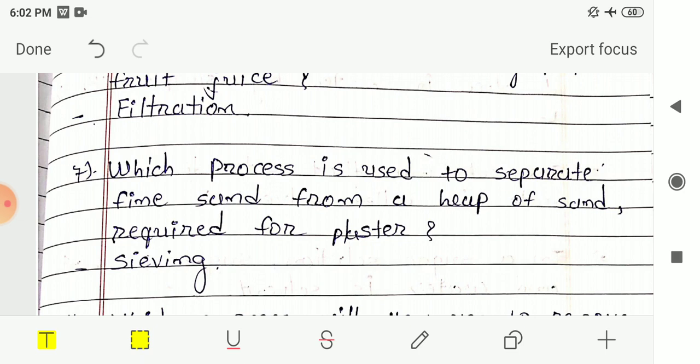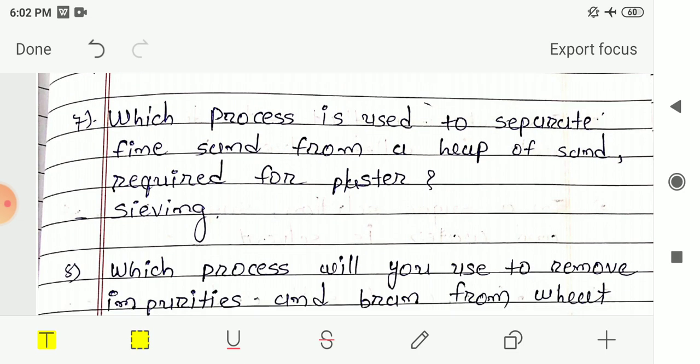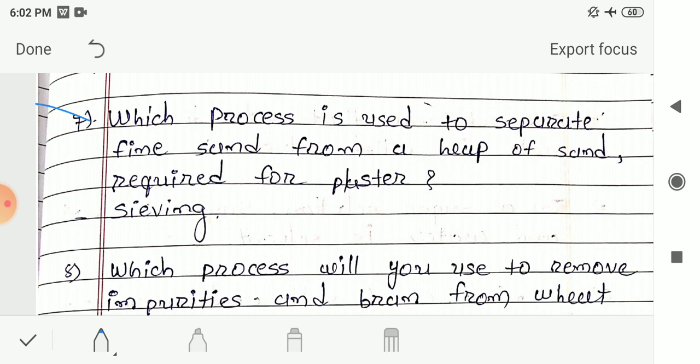Next, seventh number: which process is used to separate fine sand, that means thin or small sand particles, from a heap of sand required for plaster? So this method is known as sieving. The sieving process is used to separate small sand particles from the heap of sand in which big sand particles or stones or even clumps of soil are also present.